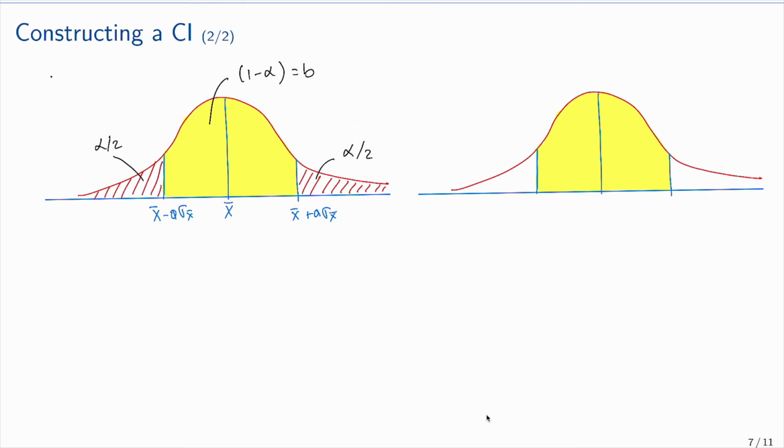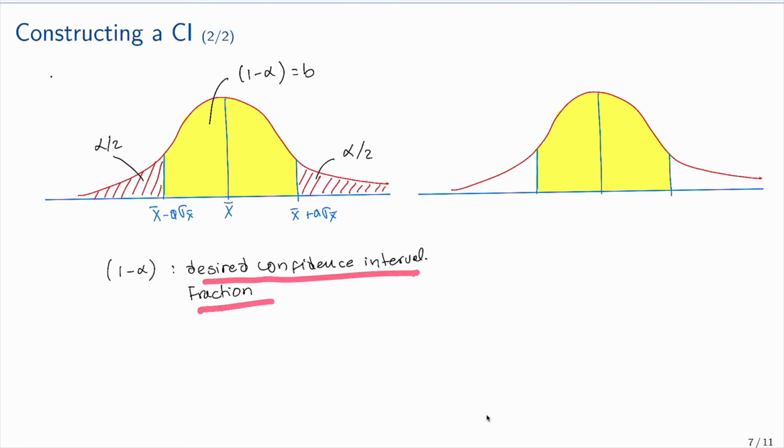Now this is convenient because on the tables of a cumulative distribution function, we find the values for the left-hand side regions, for the integral from minus infinity to x bar minus a sigma of x bar. Assume that the desired confidence interval fraction is equal to 1 minus alpha. For example, let's say that we are interested in a 95% interval of confidence.